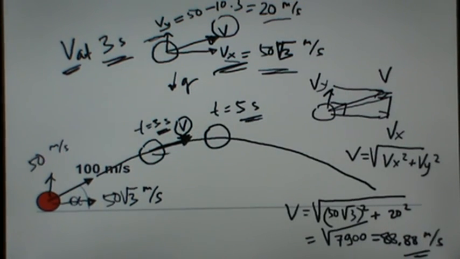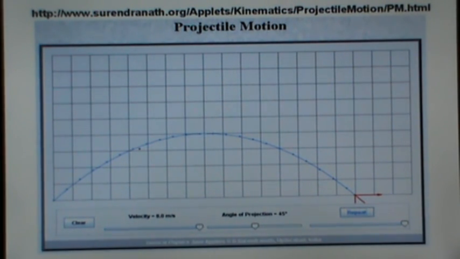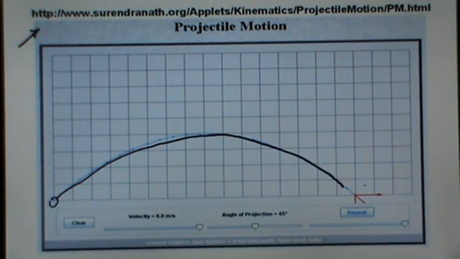Again, we need to find first the component in the horizontal direction Vx and the component in the vertical direction Vy. So this is also a good website related to the previous problem. You have a parabolic motion, and then you can also evaluate the velocity in every position.